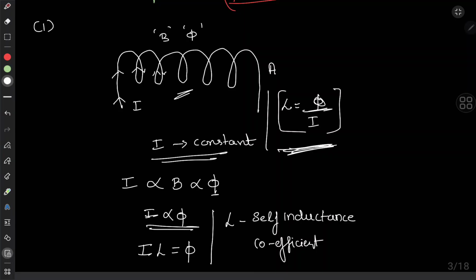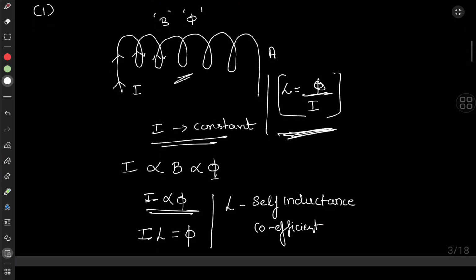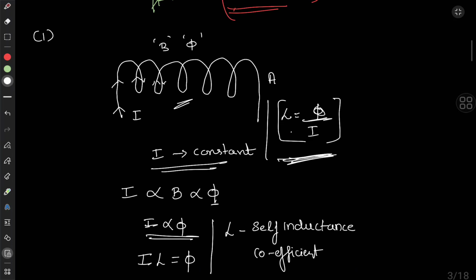This is the first case to get the self-inductance coefficient. Now we can easily say what the unit is. Flux has the unit Weber, so the unit is Weber per ampere.